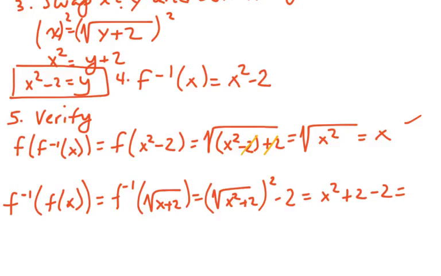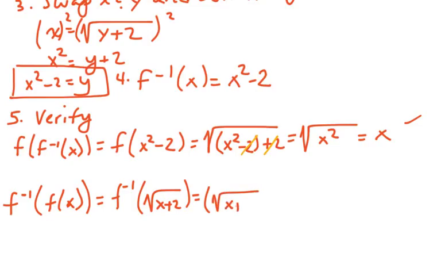I'm so sorry, I added a square on here for you. Shouldn't be making these videos so late, right? This is the square root of x plus 2, squared, minus 2. All right, that's the definition of f inverse. And this is simply x plus 2 minus 2, which equals x.